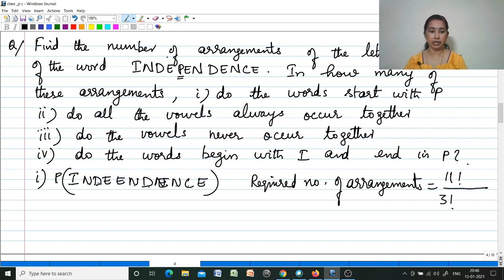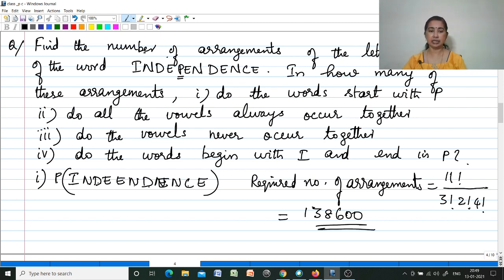Then D repeats 2 times. Then E repeats 4 times. So we have to keep P in the front as the first letter, then the remaining can be arranged in this many ways, and simplifying we get 1,38,600 different arrangements.